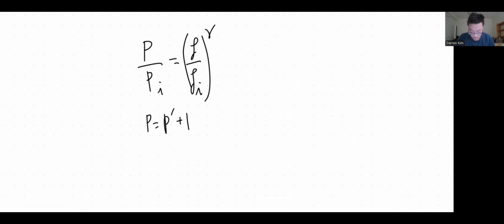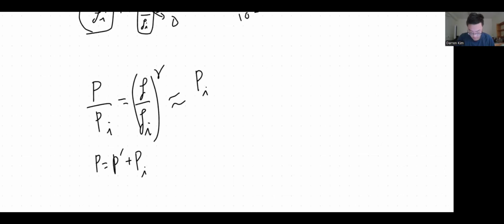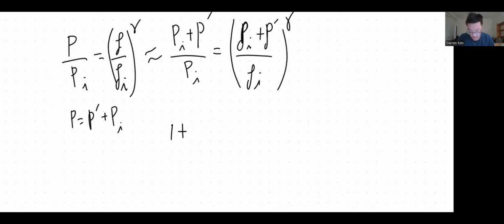So this will go into, I believe, PI plus P prime, and then with PI over here, which equals, well, it will be P rho I plus rho prime divided by rho I, parentheses alpha. That's 1 plus P prime over PI. That's the easy version. We have 1 plus rho over rho I divided by alpha.